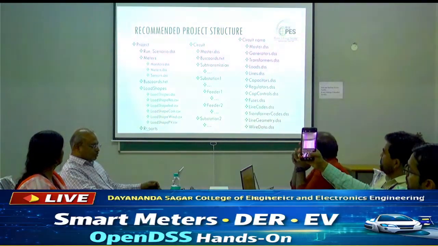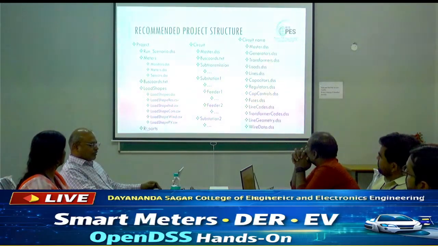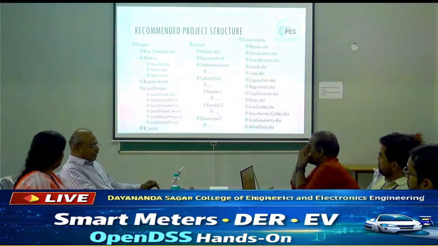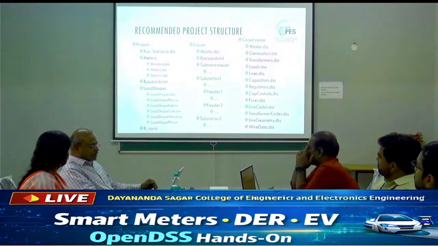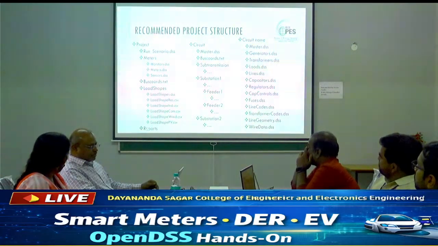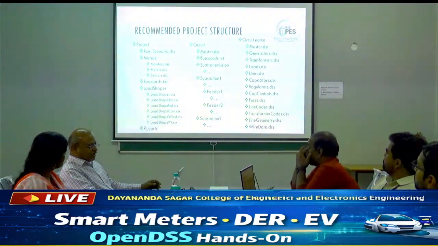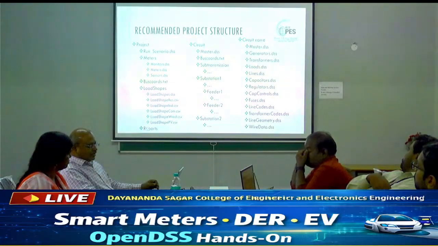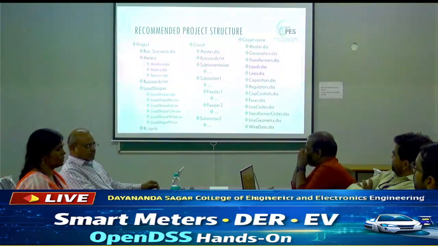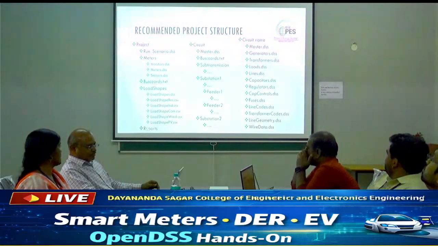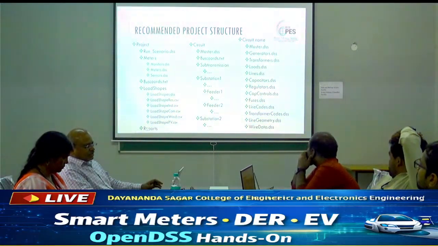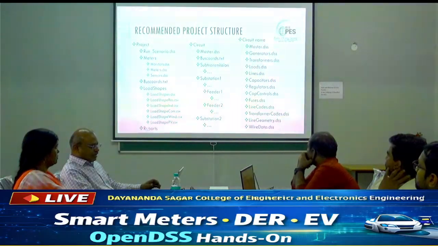You have the project at the top level, then the run scenarios, the various scenarios you want to run, and then folders for meters, bus coordinates, load shapes, and reports, where you generate the reports. Then you have a circuit folder where you define your circuit, substation, feeder, and all your definitions. So this is how it will be.